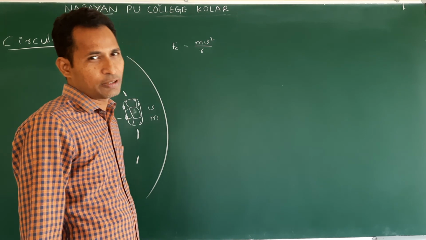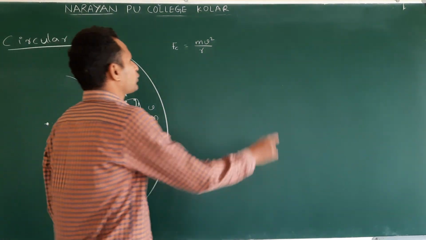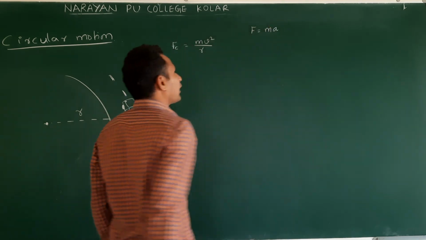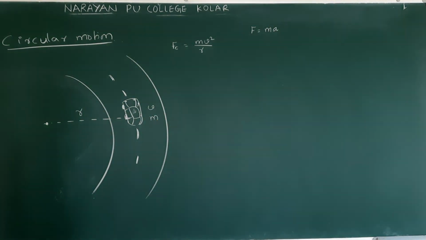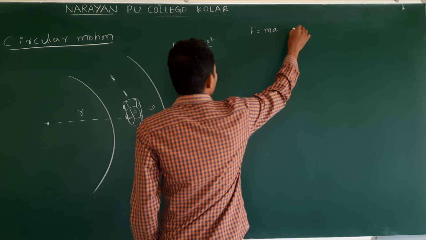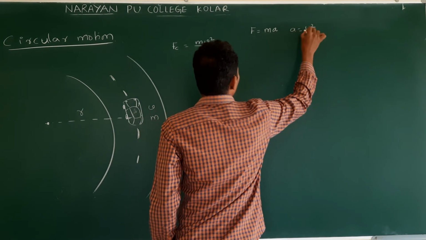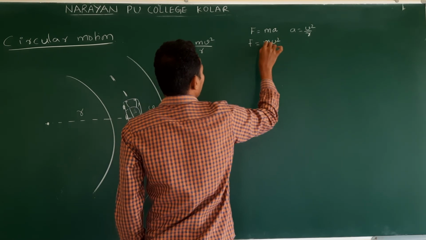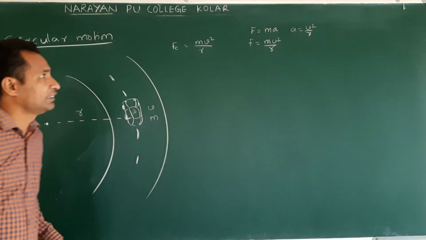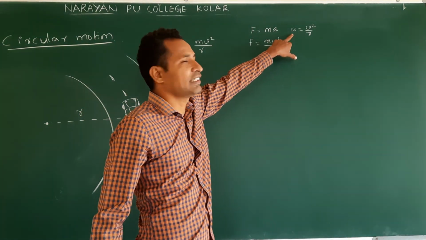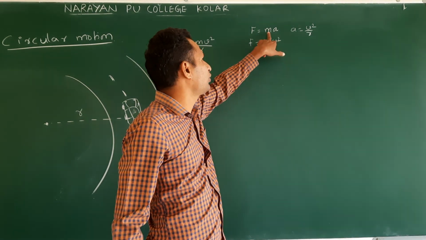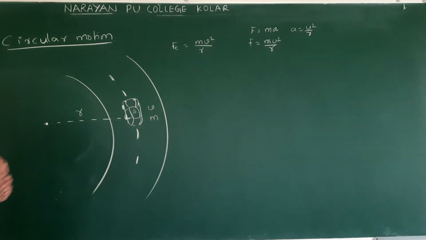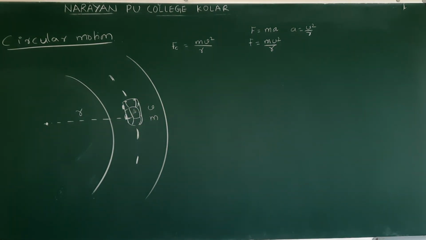We proved it in motion in a plane. F is equal to ma according to Newton's second law. A we proved as v square by r. Then F is equal to m v square by r. If we substitute the centripetal acceleration here, this becomes the centripetal force.